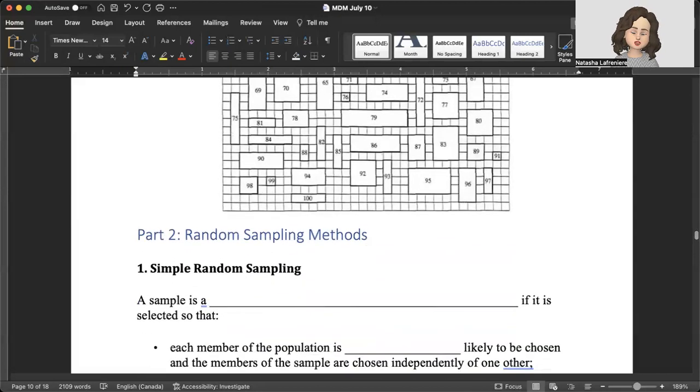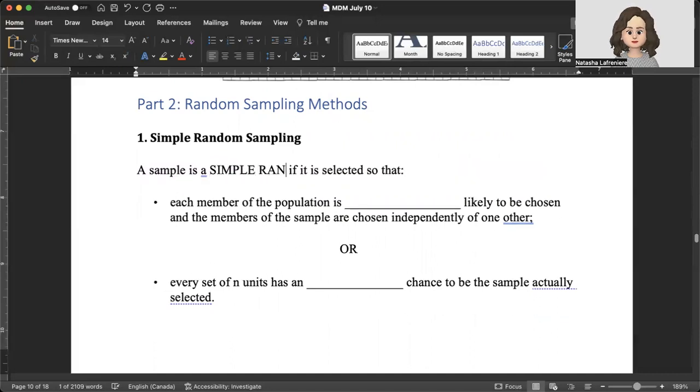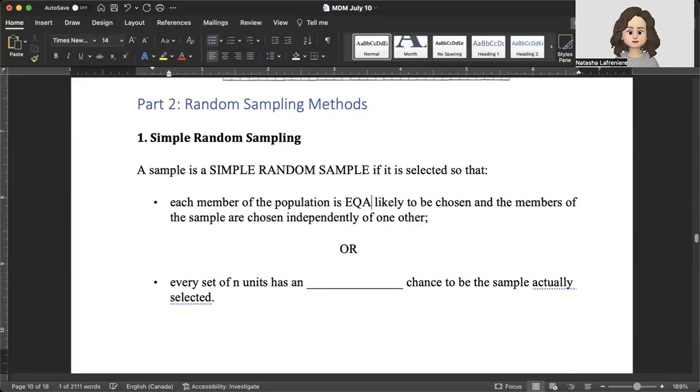Okay, so we've got random sampling methods. A sample is a simple random sample if it is selected so that each member of the population is equally likely to be chosen, and the members of the sample are chosen independently of one another.